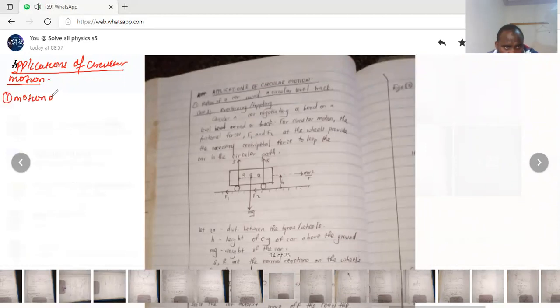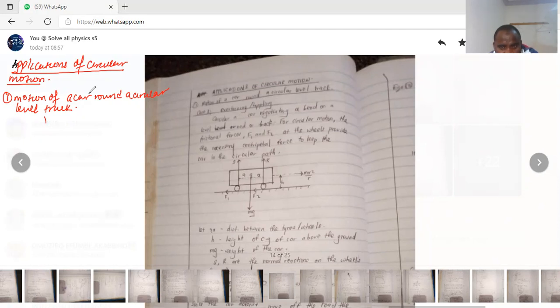That is, we have a case of overturning or toppling. Overturning is when the car somersaults.